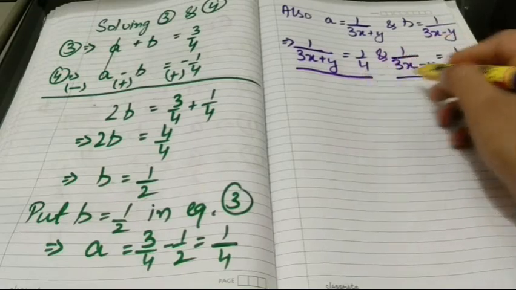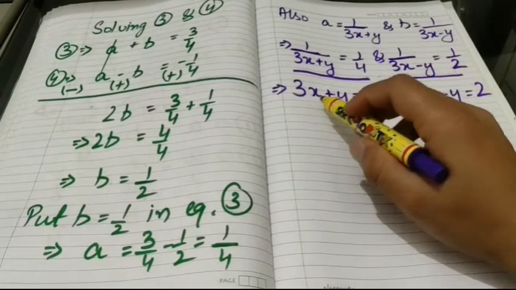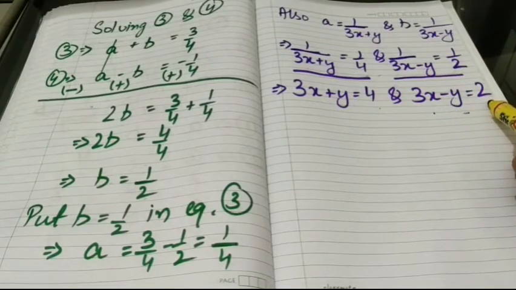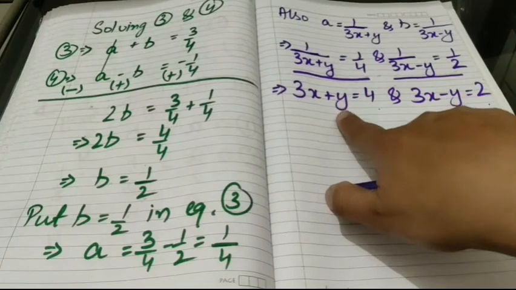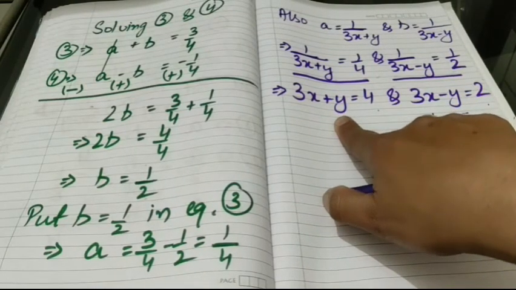Now these two equations can be written as 3x plus y equals 4 and 3x minus y equals 2. Again we have a pair of linear equations in two variables, that is in terms of x and y.